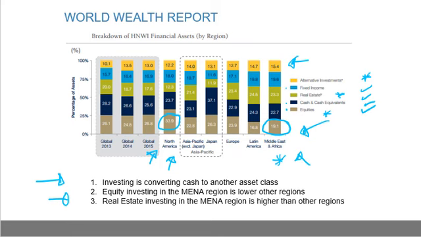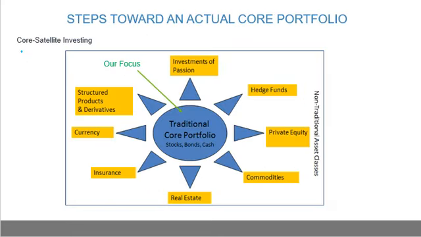Some of you may be familiar with the term core satellite investing, and what is that referring to? The focus for our presentation today is on the core portfolio, which is made up of the traditional asset classes of stocks, bonds, and cash.